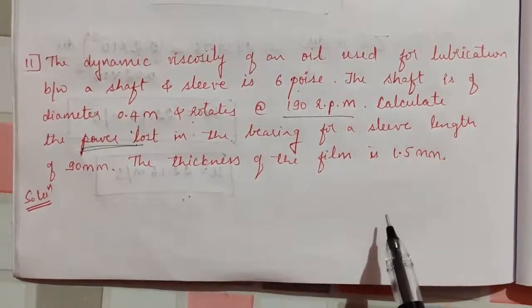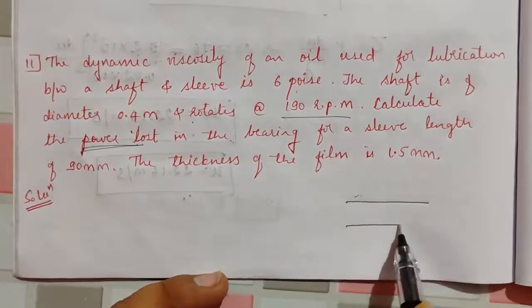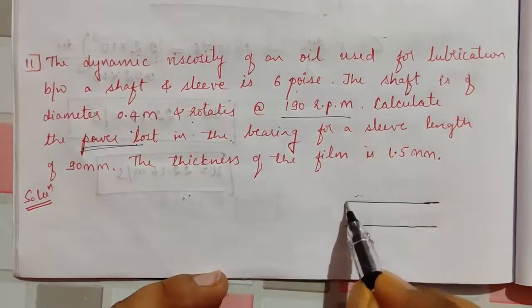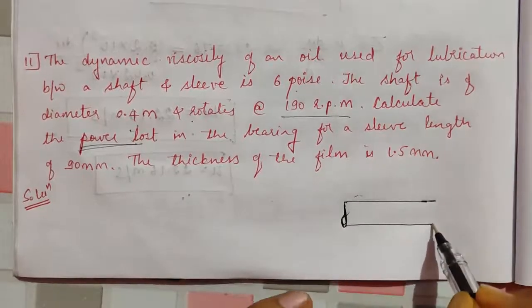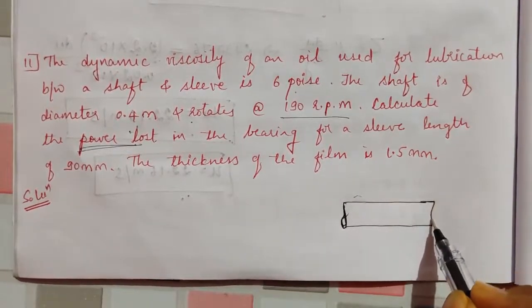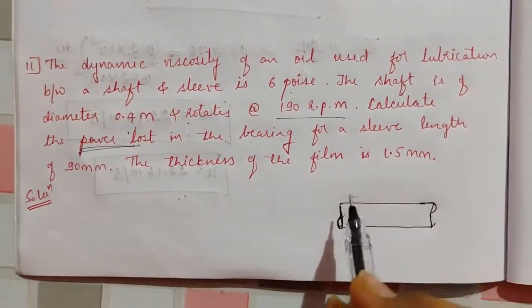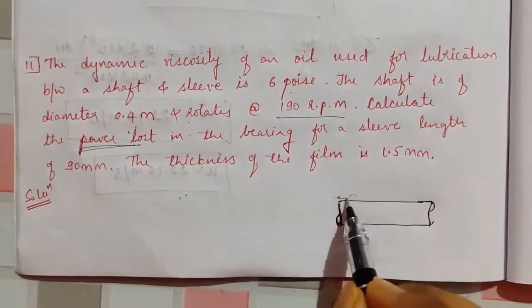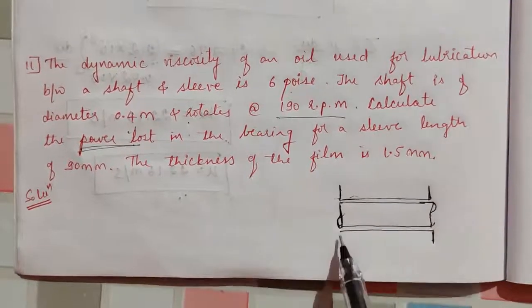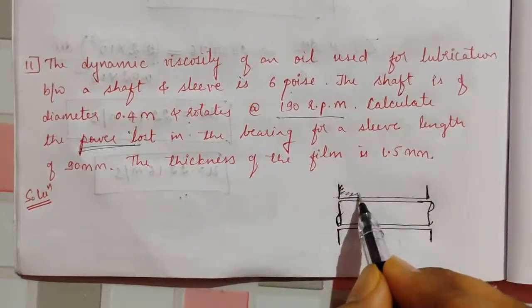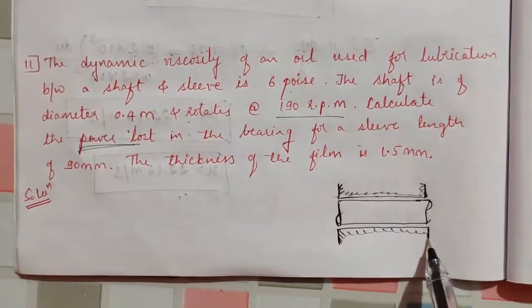So it's difficult to imagine. See here, I'll take a shaft. Shaft means what? It's a pipe only. So this is the pipe. The oil is used for lubrication between the shaft and sleeve.